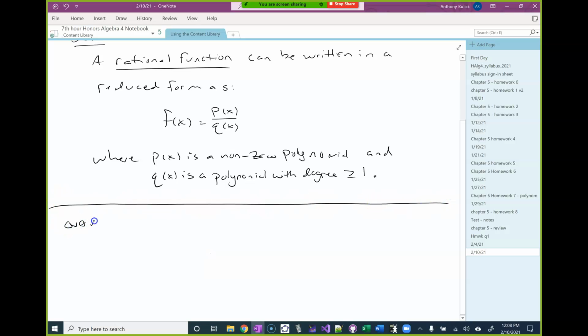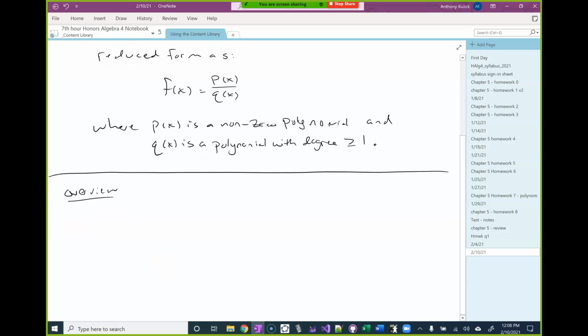To just give us a little bit of an overview, we're going to talk about 3 major topics. So we're going to talk about simplifying. Today, we're going to do reducing, multiplication, and division.